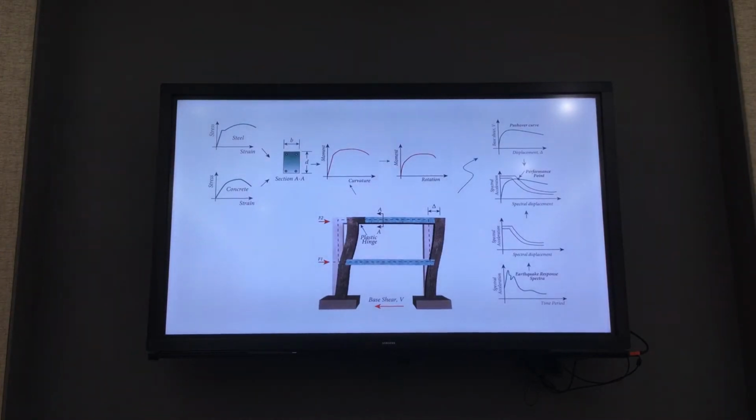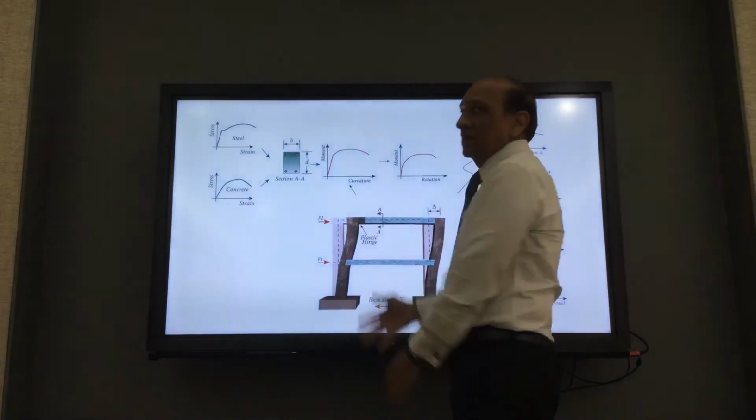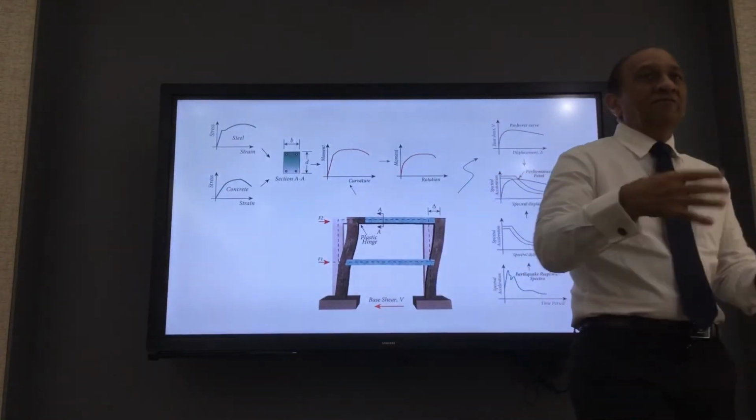So can anybody guess where is this pattern coming from? No equilibrium, there is no equilibrium concept here. Modal. This is the modal pattern, modal deformation pattern. So this deformation is coming from the modal deformation pattern.